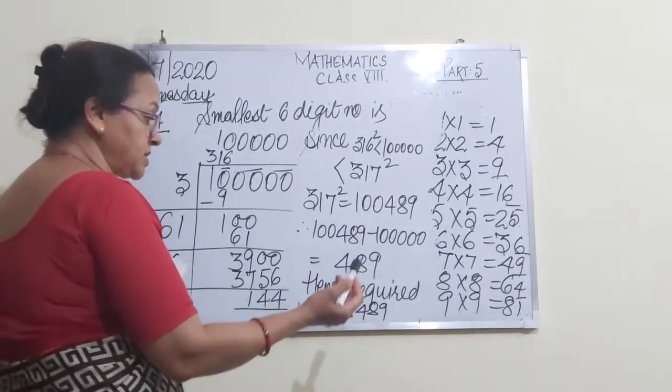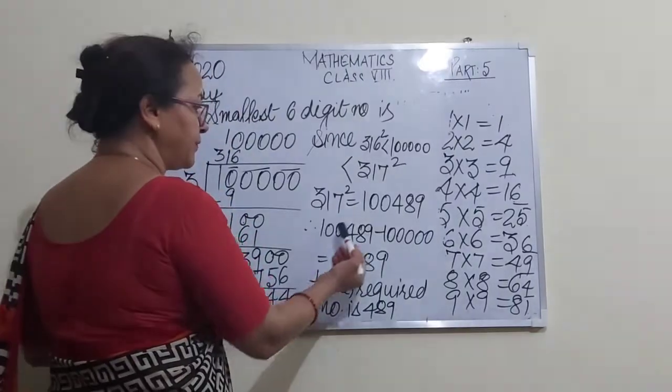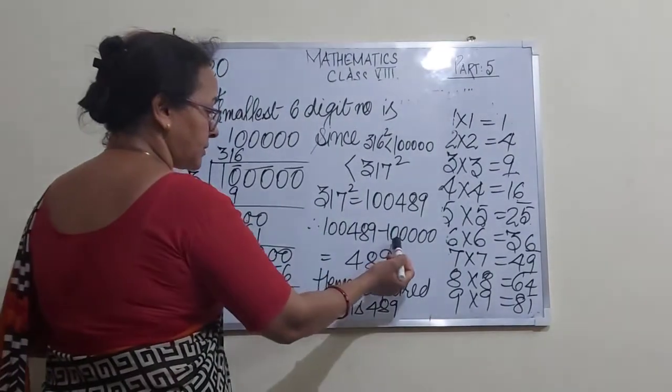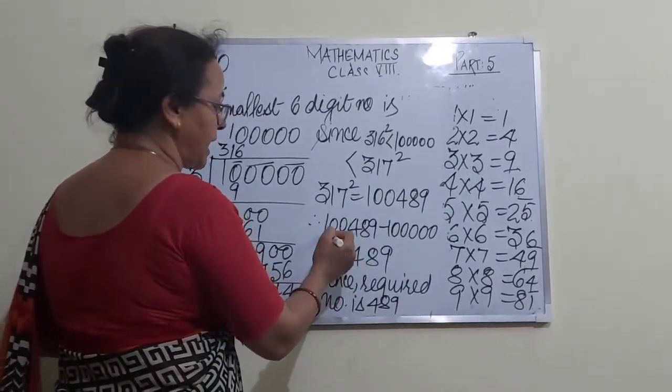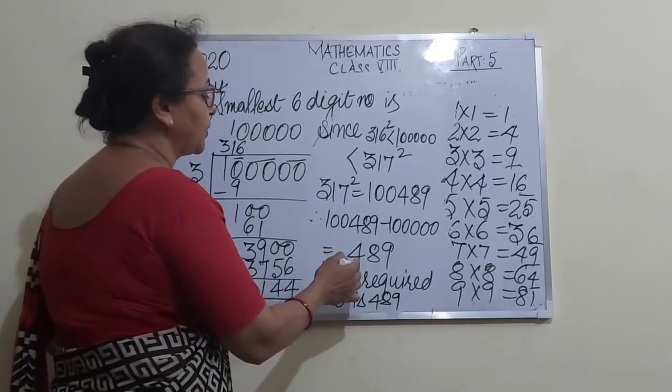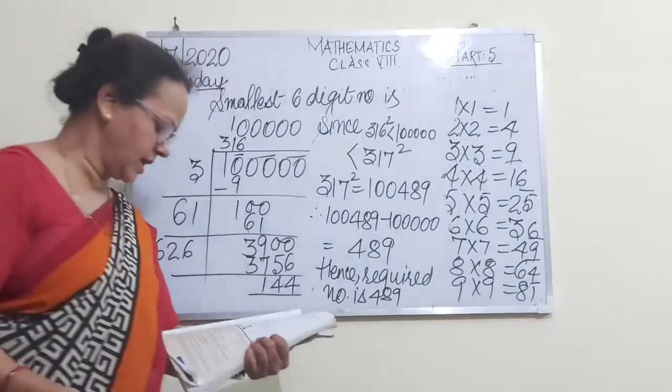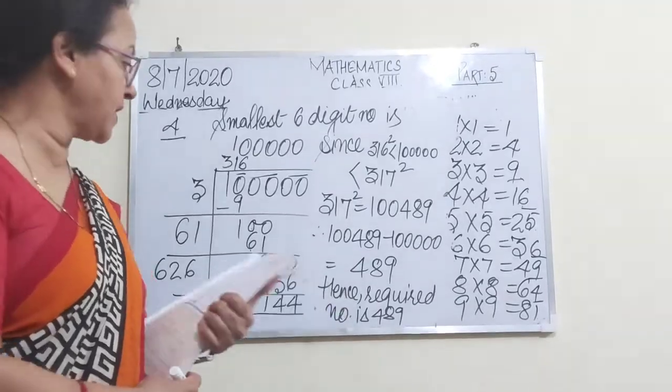Now we have to see what the required number is. So we subtract 1 lakh from 1,00,489. This is 489. Now they are saying, which number makes a perfect square.